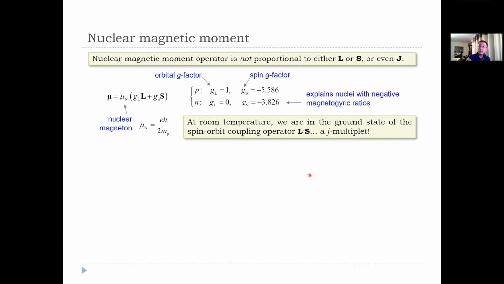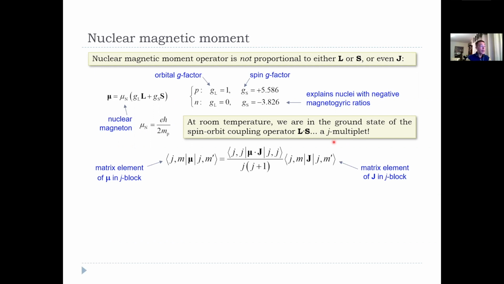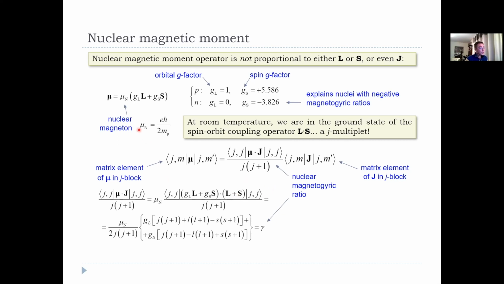Okay, so at room temperature, I remind you, we are very much in the ground state of the spin-orbit coupling operator, because the nearest excitation is 100 kilo-electron-volts away. So again, it's a J multiplet. Again, we must project into it. Again, we have this mu and mu dot J, so it's exactly the same Wigner-Eckart theorem. And after we substitute mu, see, this is a bit more complicated now.